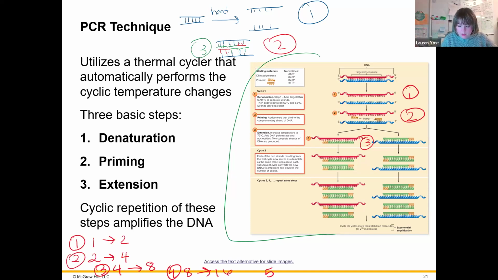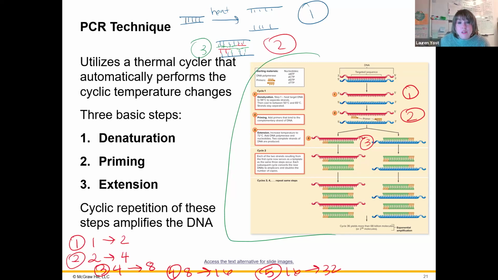In a fifth cycle, if you had 16, you become 32. And so on and so forth. Doesn't take very many cycles to get up to a high number. So the idea here essentially is that you can have like 30 to 40 cycles and you'll have like millions or billions of DNA starting from just one double-stranded DNA.